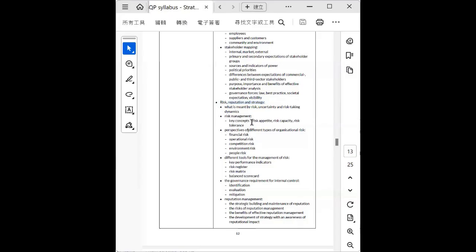Right? So basically, for those who have not done risk management, risk appetite refers to the level of risk that the organization is willing to accept in pursuit of its objectives. For example, a fintech startup may have a very high risk appetite.